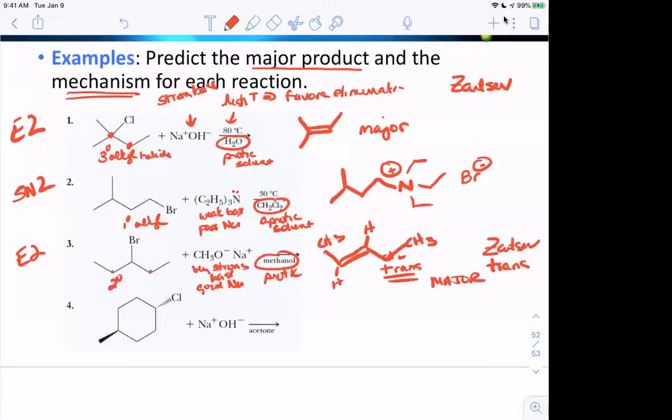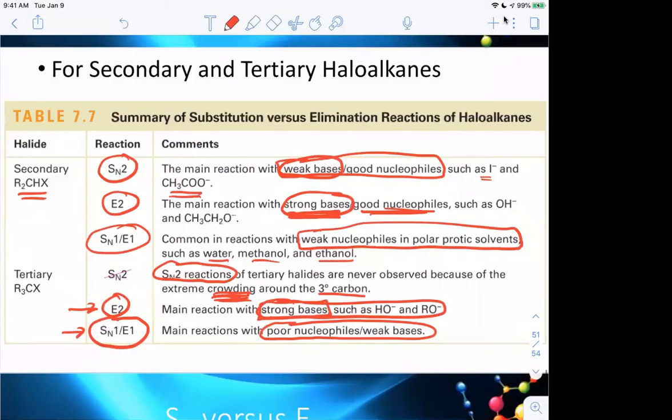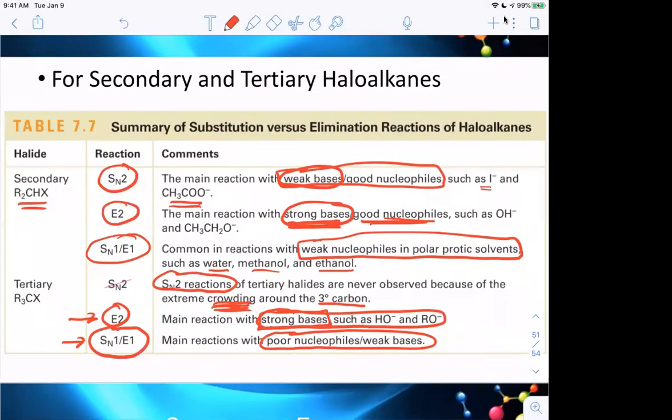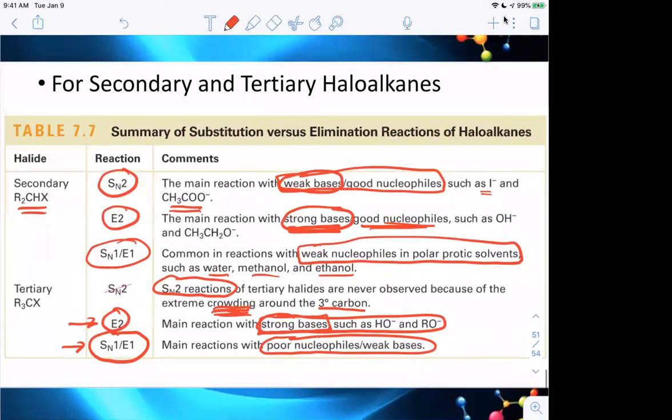Now my second one, I have a secondary alkyl halide. I have a good base, strong nucleophile, or a strong base, good nucleophile, and I have an aprotic solvent. So when I look up here, again, my strong base, good nucleophile is going to give me E2.